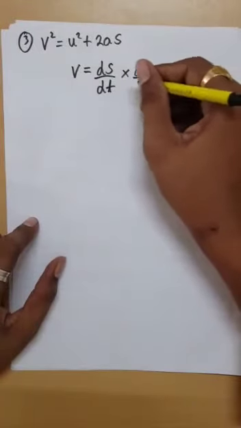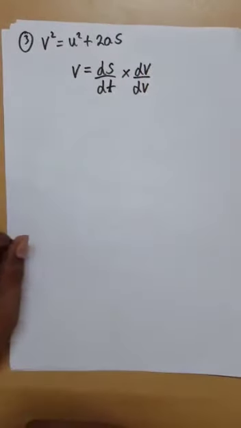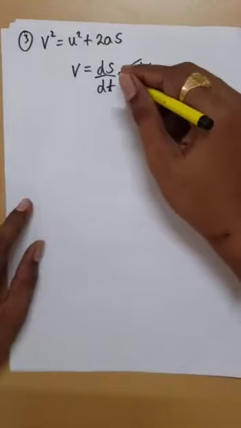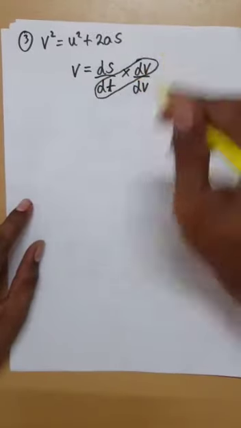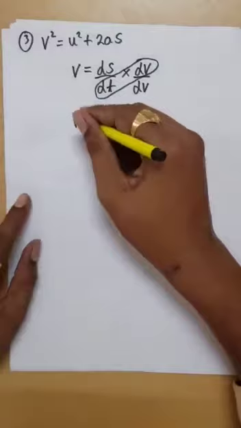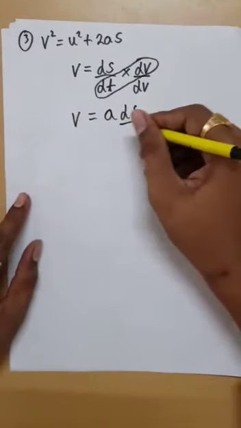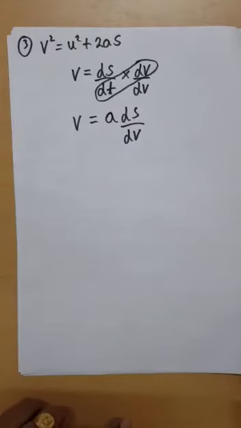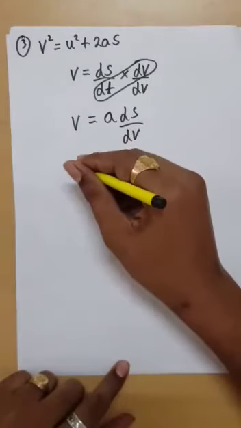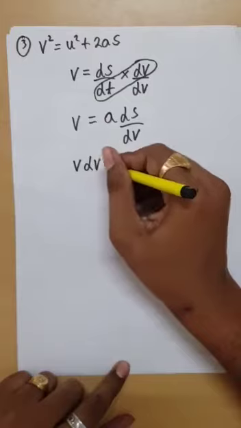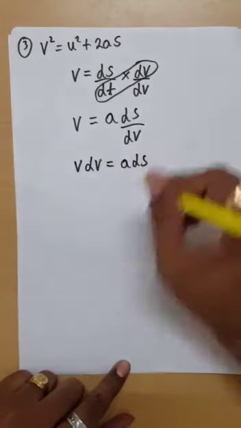We multiplied it by dv and divided by dv. As we already know that dv by dt is acceleration, so we can write v is equal to a ds by dv. Now this dv you can take that side, so it would become v dv is equal to a ds.